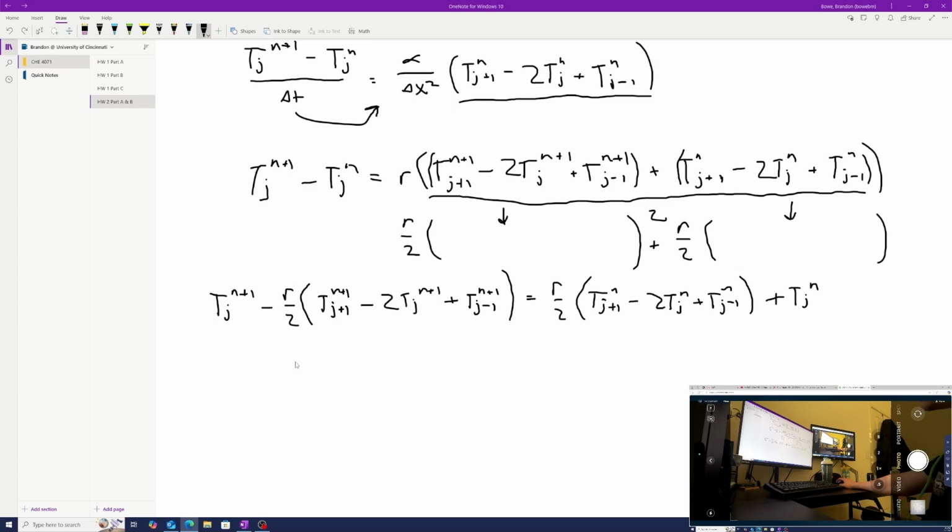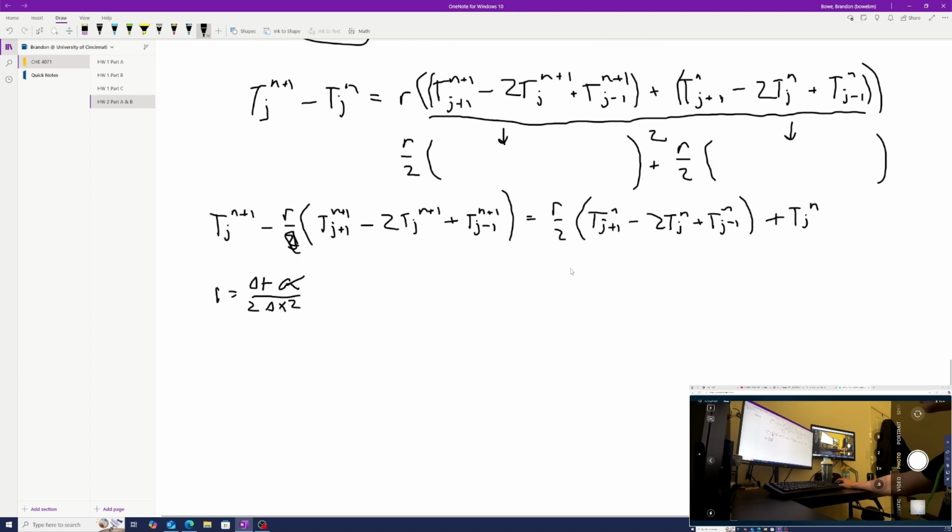What we can do now is, because currently our R is equal to our change in time times alpha over our change in position squared, we can incorporate this 2 into it just to make things a little simpler. So from now on, our r is incorporating this 2 here.